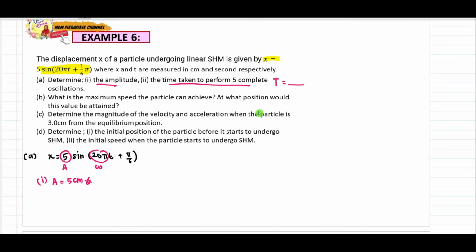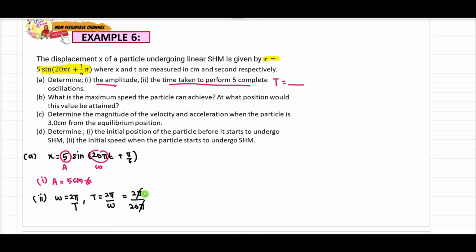But before we calculate, for 5 complete oscillations, we need to calculate the period T, where T is the time taken to complete 1 oscillation. Okay, so how do we calculate the period? As we know, the period can be calculated from the value of omega. Alright, so still A2, where omega equal to 2 pi over T, and T is equal to 2 pi over omega. We got omega from the equation, which is 20 pi. So, we can cancel out pi.